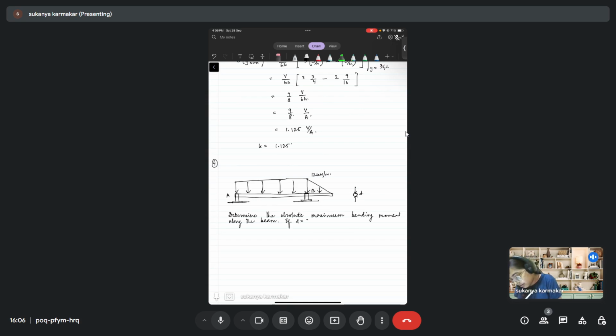I forgot to write down the span. If D is equal to 90 mm, you have to determine the absolute maximum bending stress in the beam.